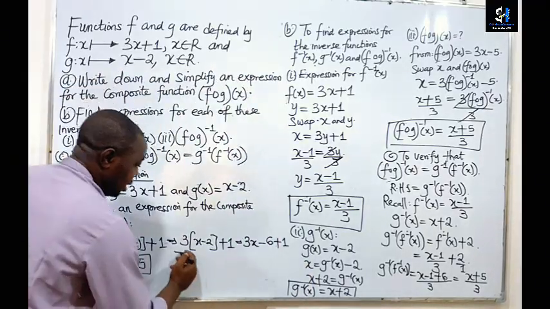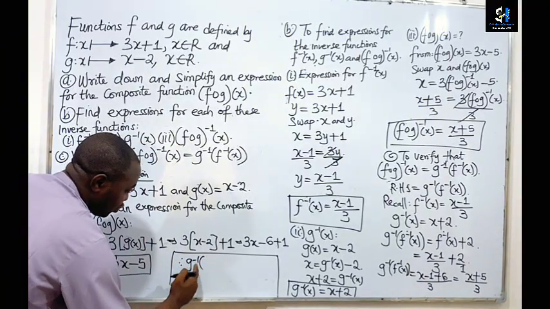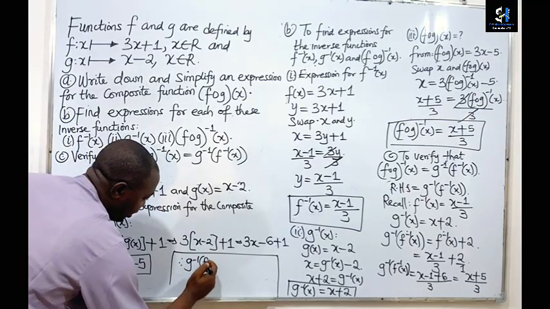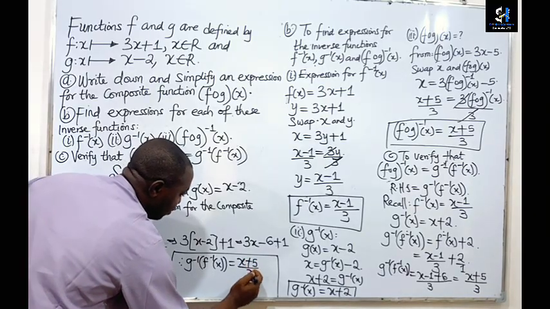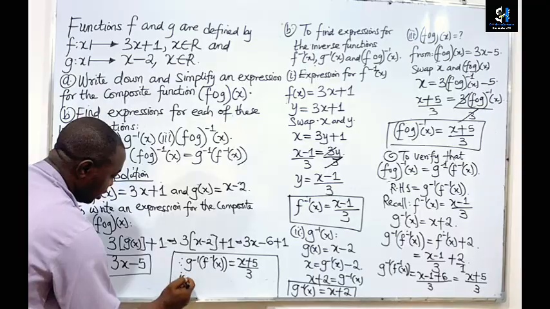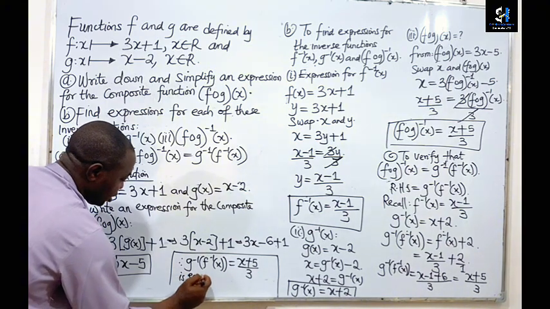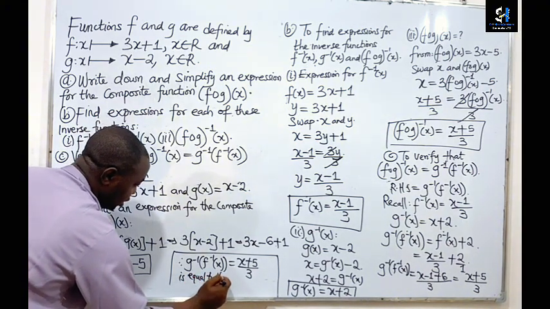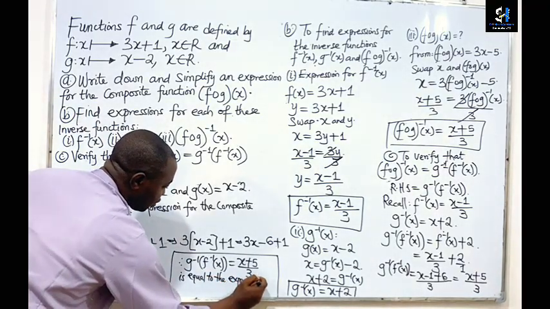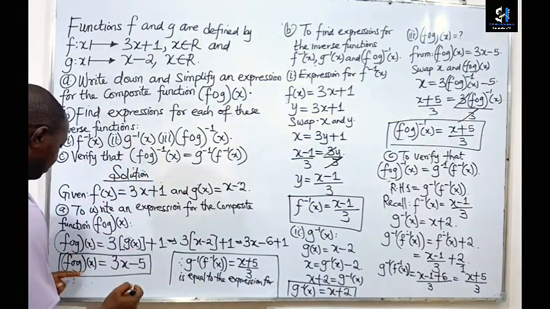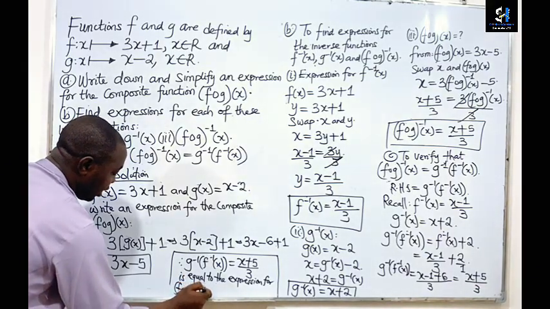So let me write the answer here. Therefore, the composite function inverse of g of inverse of f of x, which is equal to x plus 5 over 3, is the same, is equal to the expression for the inverse of composite function fg of x.